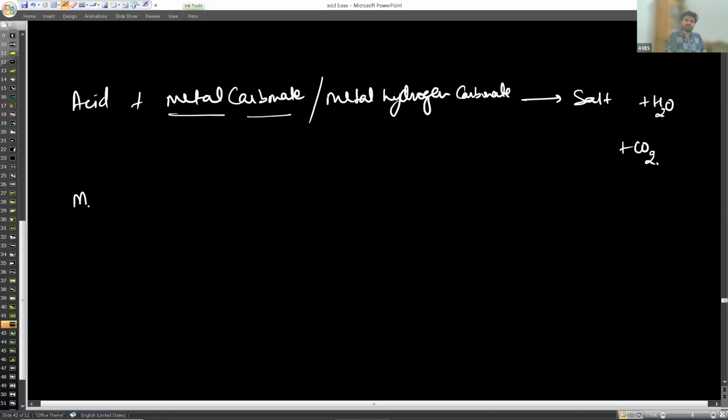For example, if you have sodium, Na, reacting with Na2CO3, sodium carbonate.